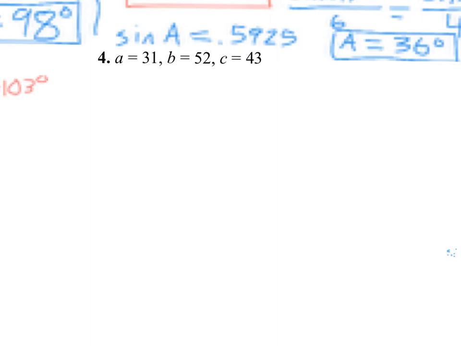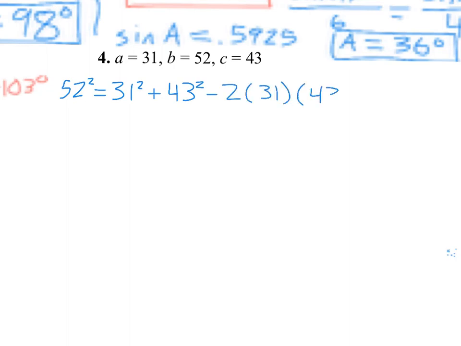So let's use law of cosines to find the biggest angle. Alright, B is the longest side. So we're going to use the B squared formula. 52 squared equals 31 squared plus 43 squared minus 2 times 31 times 43 cosine of B.